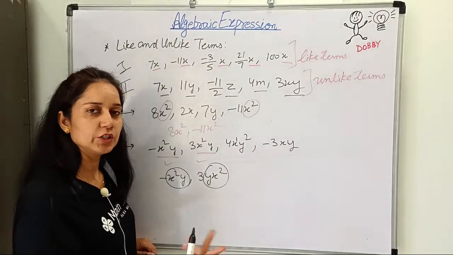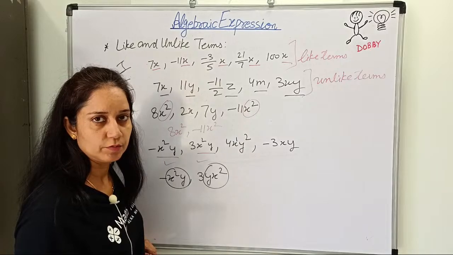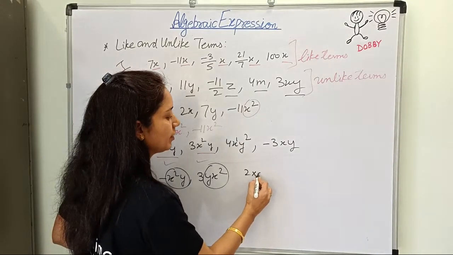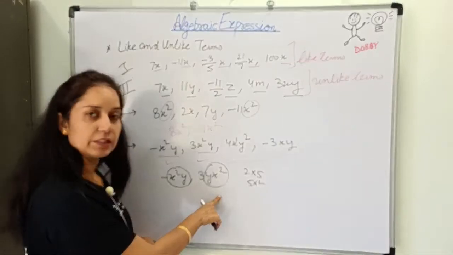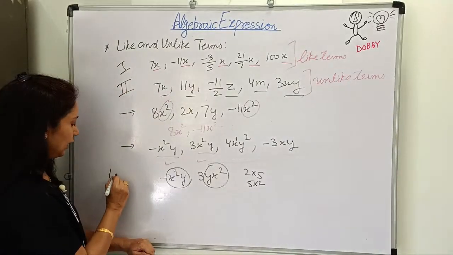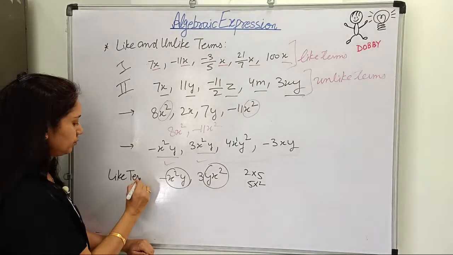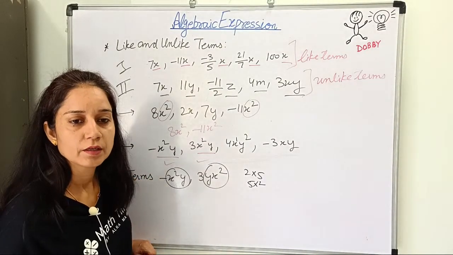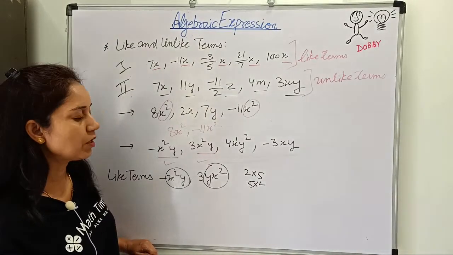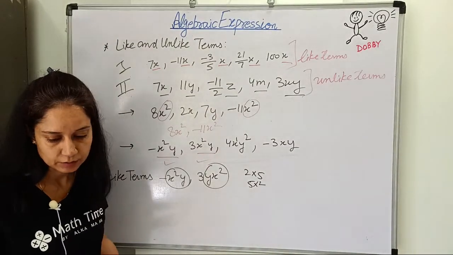In multiplication, the order of numbers does not make a difference. 2 fives are 10 or 5 twos are 10, both are the same. In the same way, these two are also like terms. Note down this much, then I will rub the board.